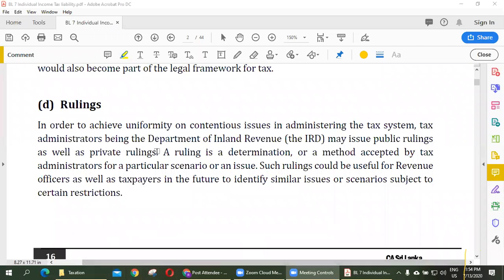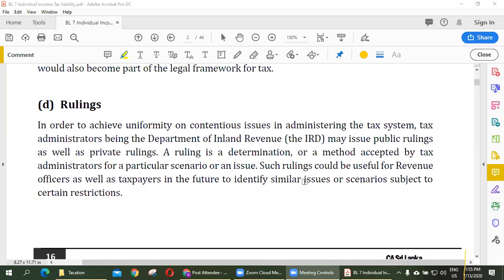And the next one is your ruling. Ruling. In order to achieve uniformity on continuous issues in administrating the tax system, tax administrators, being the Department of Inland Revenue, may issue public rulings as well as private rulings.